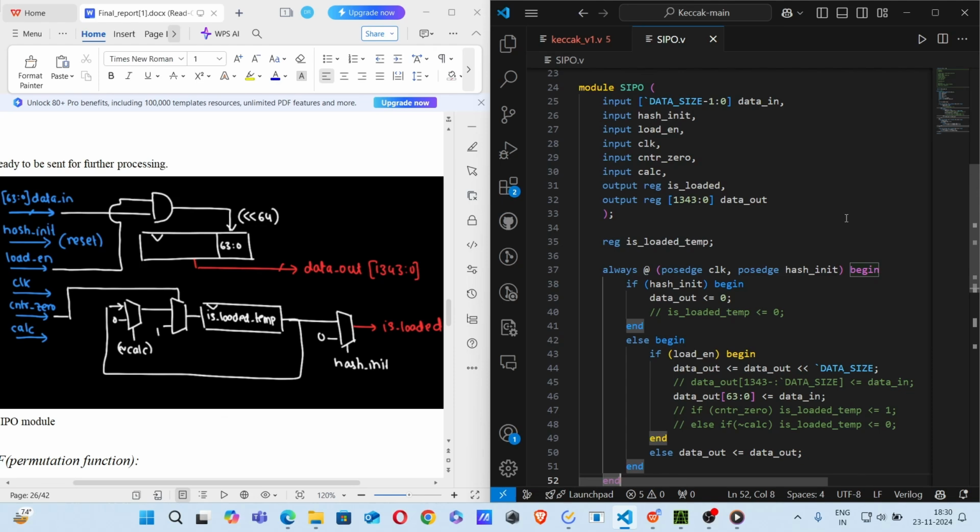There is an output reg which is 1344 bits called data out. 1344 bits is chosen because it is the maximum length of rate value required for any of the four algorithms. This is used for Shake 128, which needs 1344 bits. The other three algorithms require fewer bits than this. So this will ensure that all the four algorithms can be handled by this module.